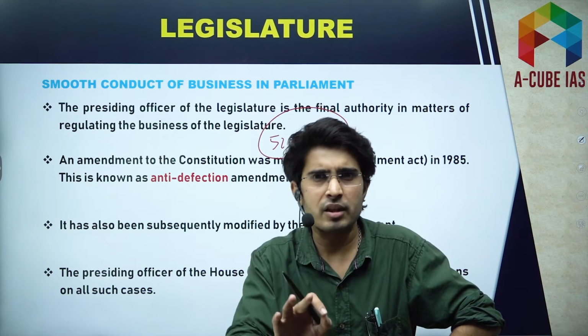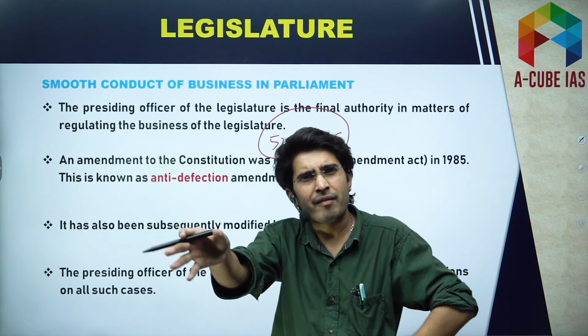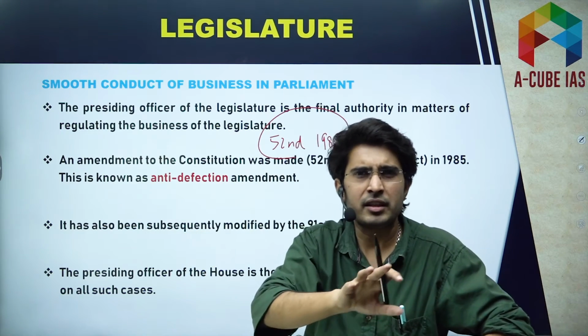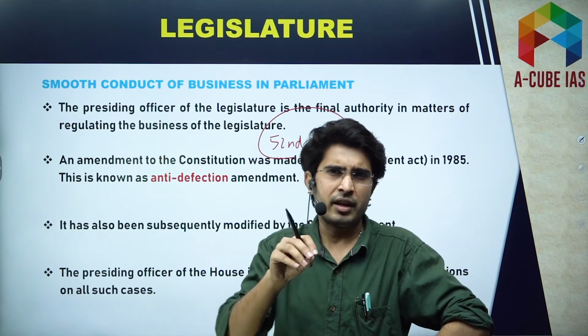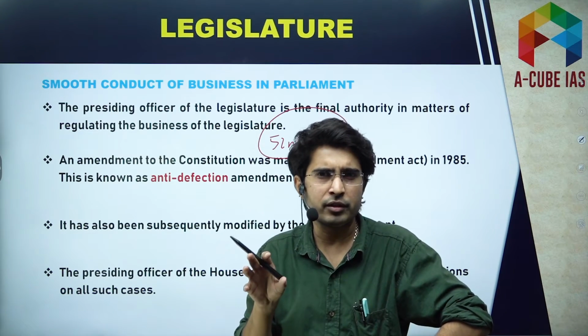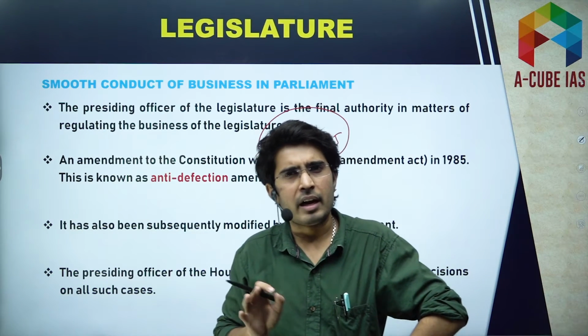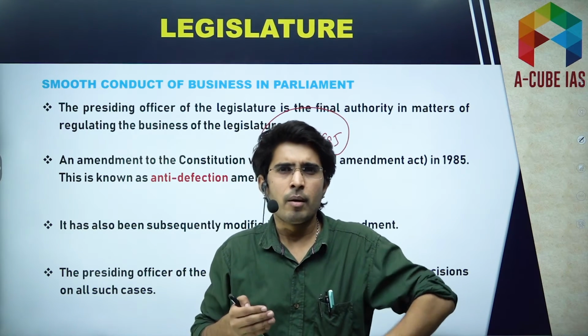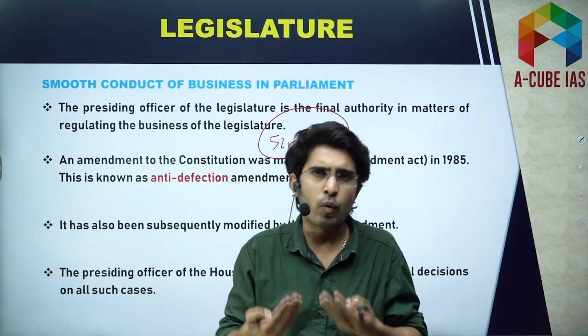We will attach the link in the description box. Those political defections would create the disruption in the Parliament, would create the impediment in the smooth conduct of the business of the Parliament. But now we have the 52nd Amendment Act 1985, under which political leaders who defect can be disqualified.